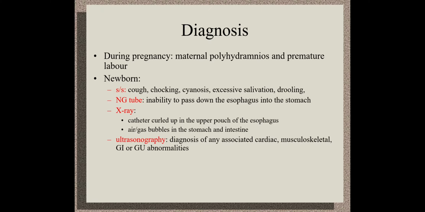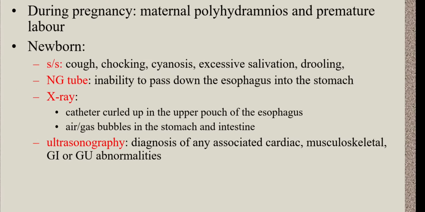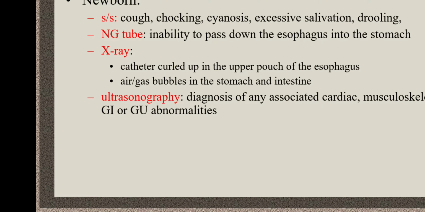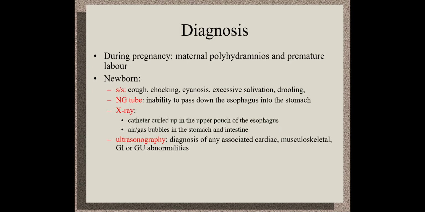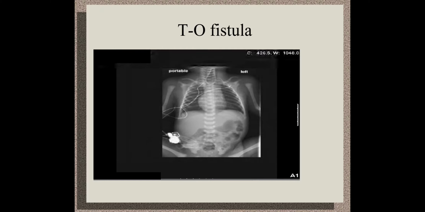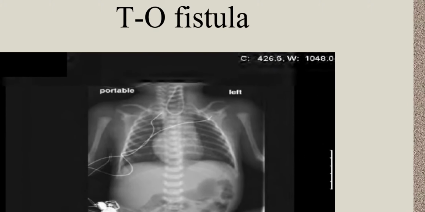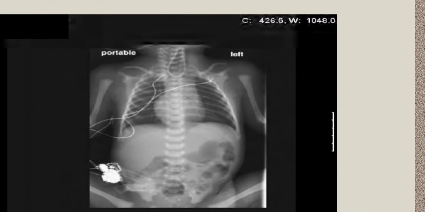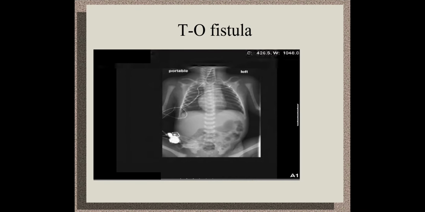By X-ray, you can see the tube curled up in the upper pouch of the esophagus, and there is air gas bubble in the stomach and intestine. Ultrasonography is helpful in diagnosis. As you see here, the proximal part of the esophagus there is atresia, and the nasogastric tube is looped and goes up, not passing to the stomach.